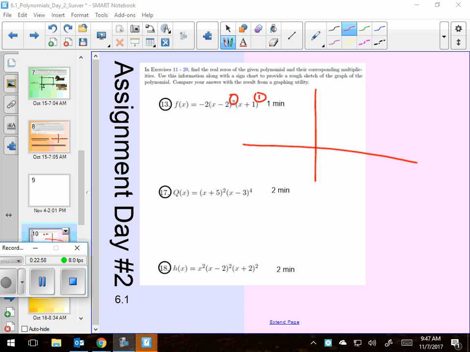Tell me some important points on this graph that we're about to make. Yep. That tells me 2 and -1. Excellent. There's a 2 dot. There's a -1 dot. Tell me more about the actual graph, like where this is going to be up and down and that kind of stuff.